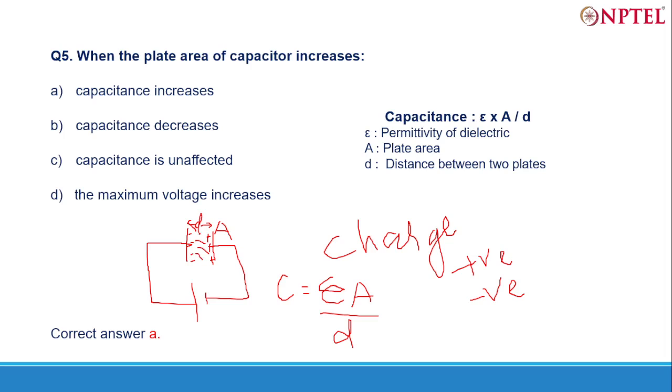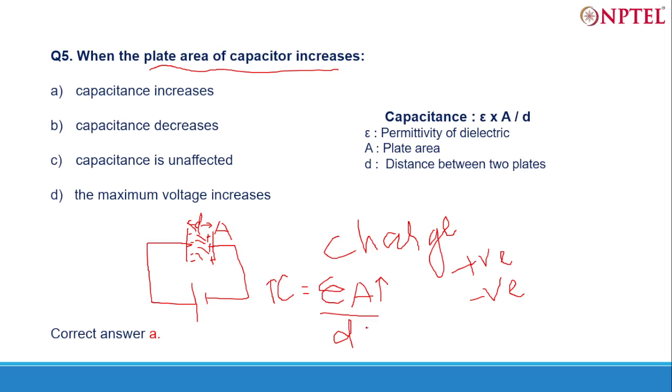Generally we have air in between these two, or a dielectric, and that dielectric permittivity is taken as epsilon. Now epsilon A upon D is capacitance. If we increase the plate area, since it is directly proportional to plate area, the capacitance will certainly go up.